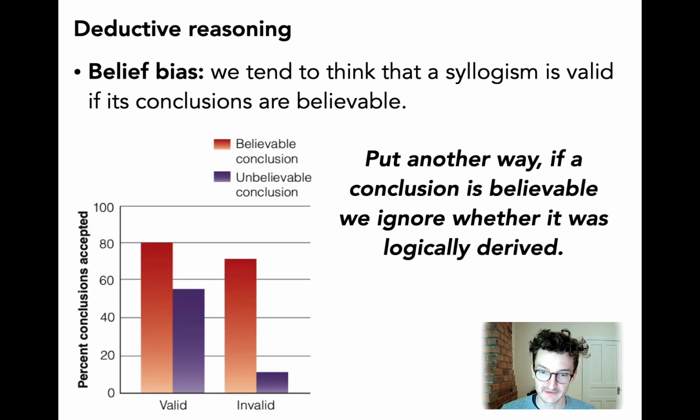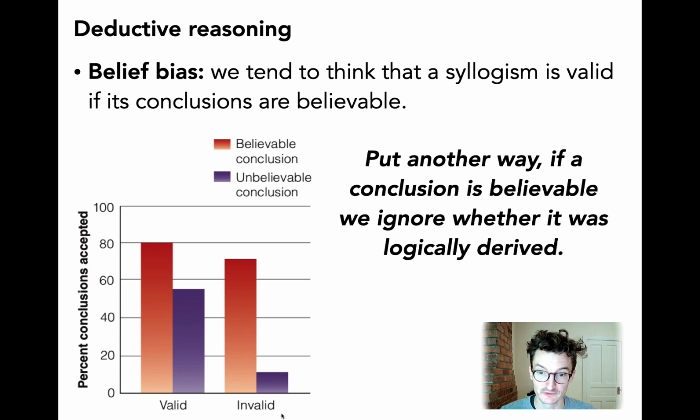And what they found was that whether or not the final statement actually logically followed from the statements that came before it didn't really matter. All that mattered was whether the conclusion was believable or not. And so we can see that in this bar plot here.